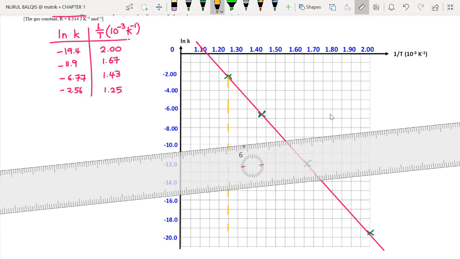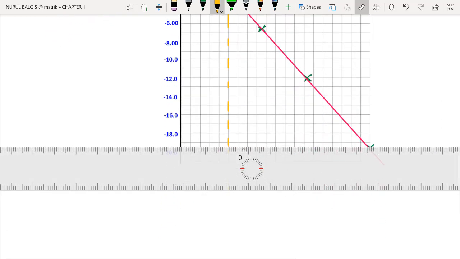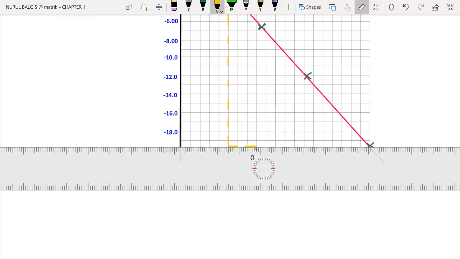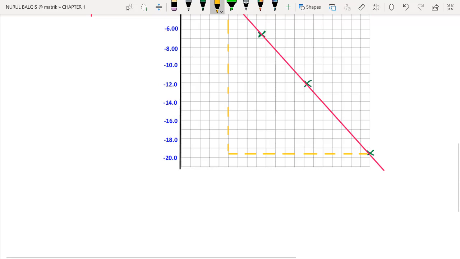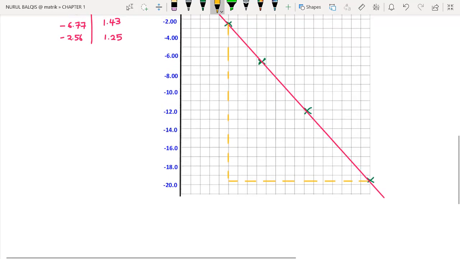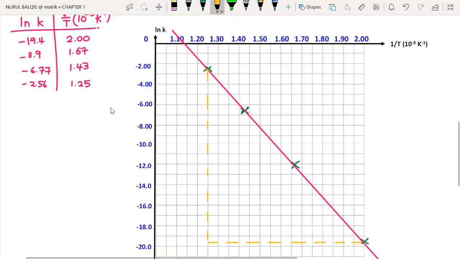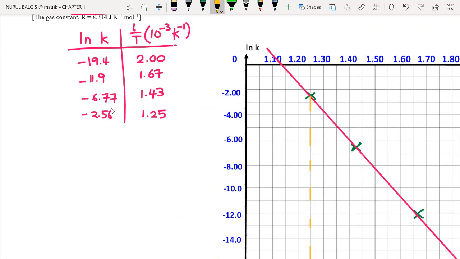And then for the x-axis, we'll take the first and fourth points to find the gradient. If we calculate the gradient, the calculation will be like this.